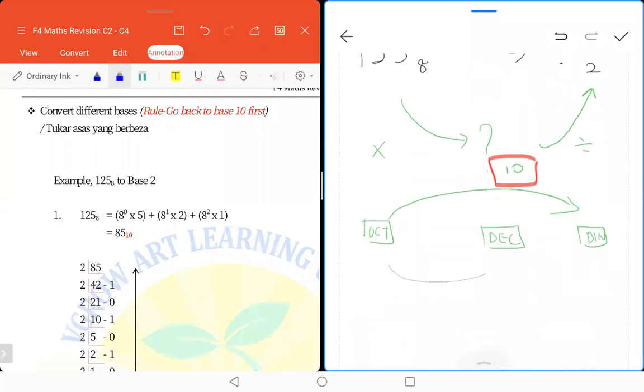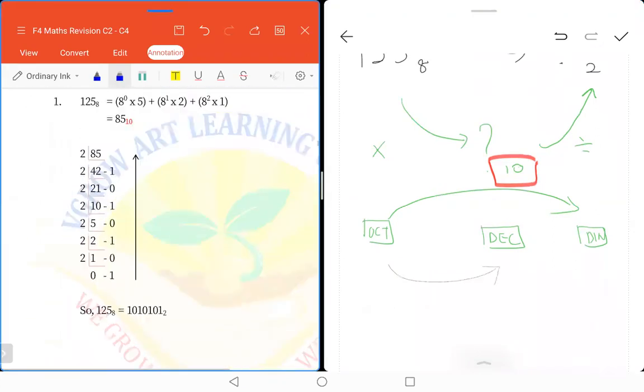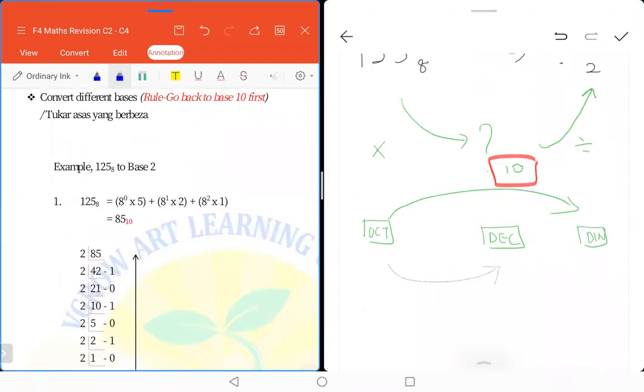You get the answer from the calculator, but show the working, because in paper 2 you need to let the teacher know that you know how to do it manually. Okay, so this is the conversion for different bases. The rule must be: go back to base 10 first.